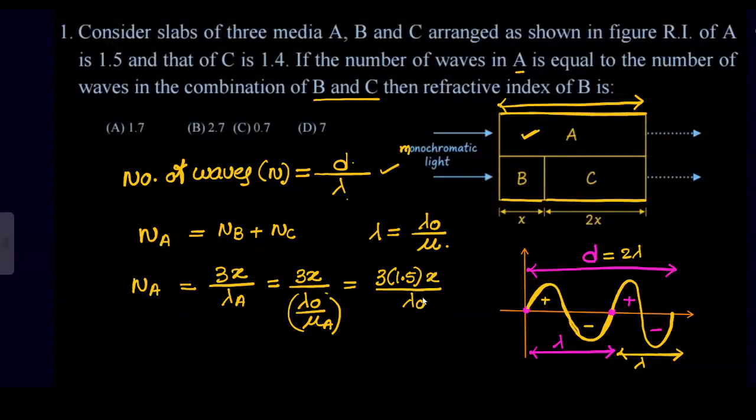Yes, see the number of waves in A. Now let's find the number of waves in B and C also. Tell me the number of waves in B. And how much is the B distance? x.